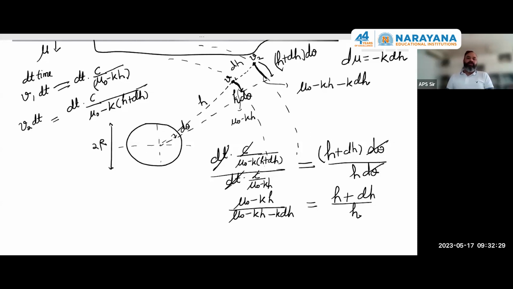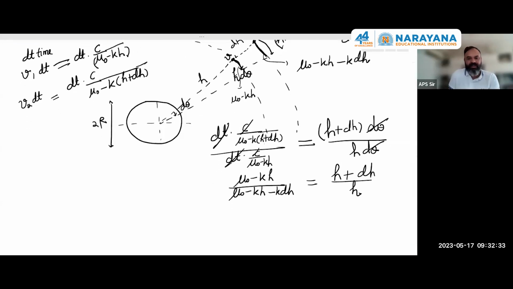Now just take the binomial approximation and write the answer. Give me a value of h for which it is satisfied. I think it will be much simpler if I write it as 1 minus kdh upon mu naught minus kh, and write it as 1 plus dh upon h. Just observe.